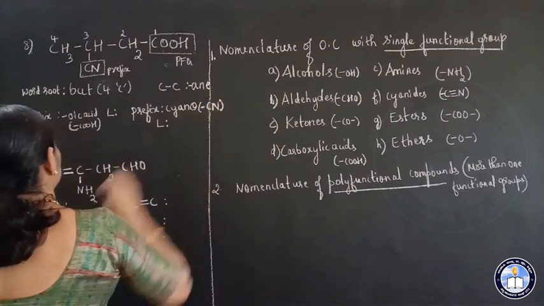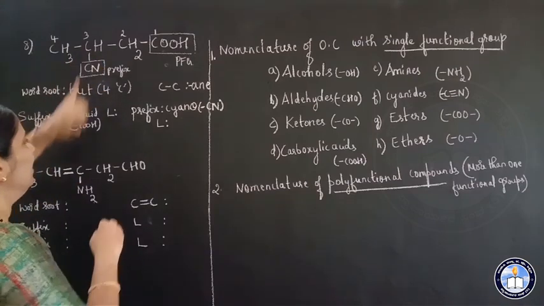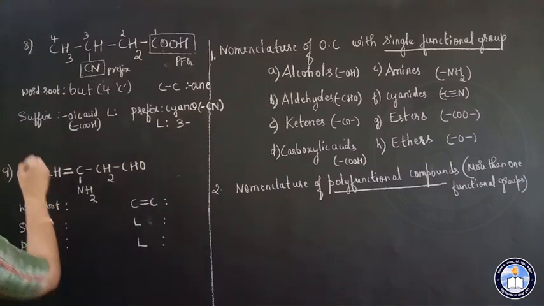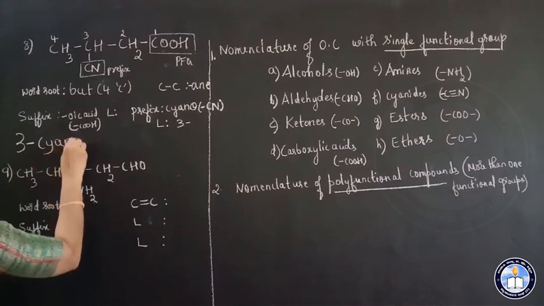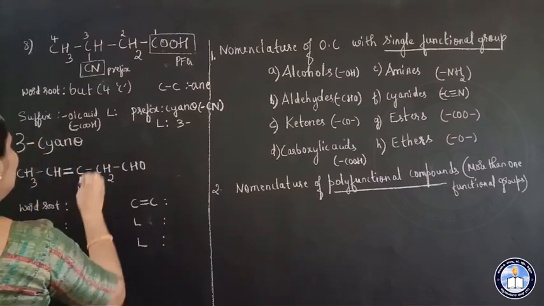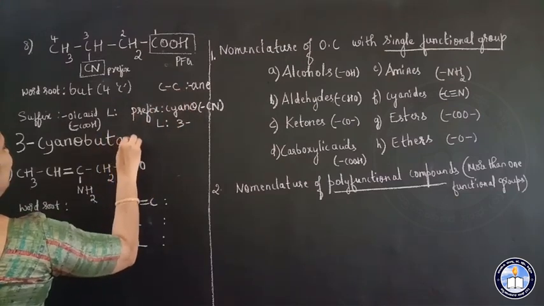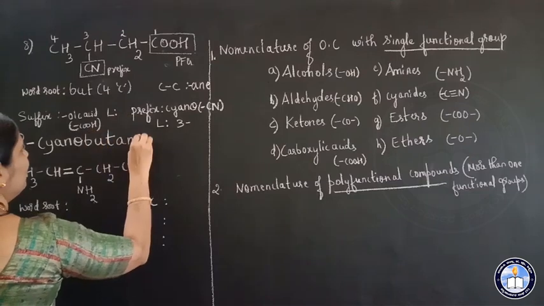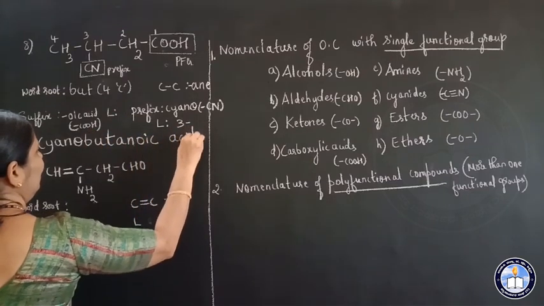Now locant of this CN group. It is attached to third carbon atom. I will write the IUPAC name. 3-cyano, prefix is over, word root but, then ANE, E is removed from ANE. Now oic acid.